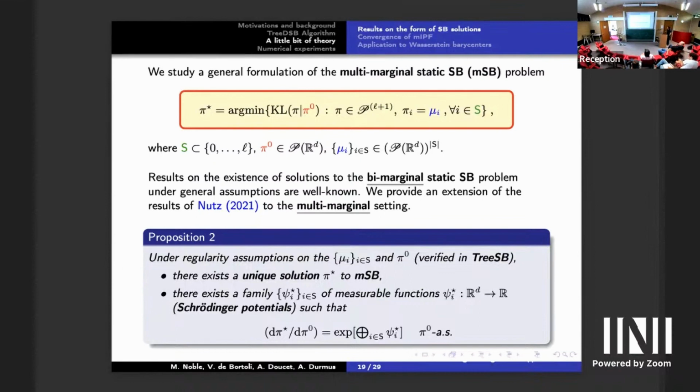This expression gives you the whole theory to state the convergence of the IPF in the multi-marginal setting. So the idea is that you can express your solution with respect to the reference measure with some potentials on your constraints. These are called the Schrödinger potentials.